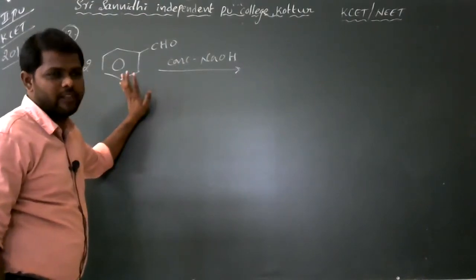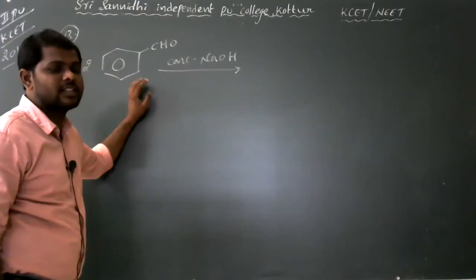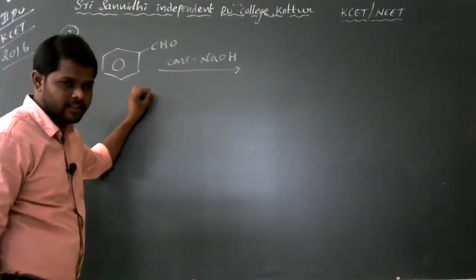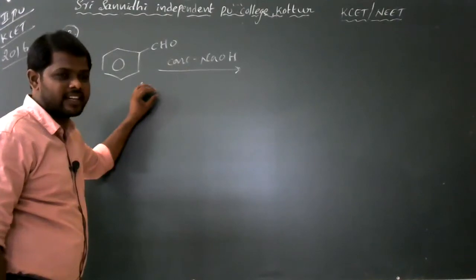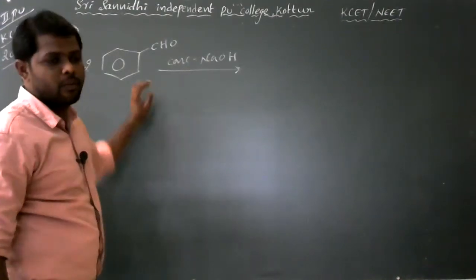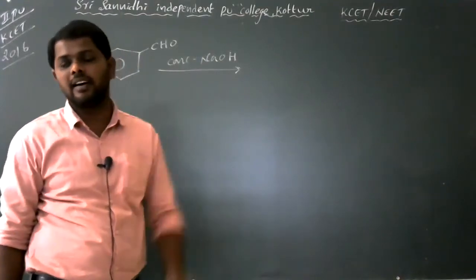Aldehydes that do not have alpha hydrogen undergo the Cannizzaro reaction. They undergo self-oxidation and self-reduction, that is, disproportionation with concentrated alkali, forming one compound that is a sodium salt of a carboxylic acid, and another compound that is an alcohol.